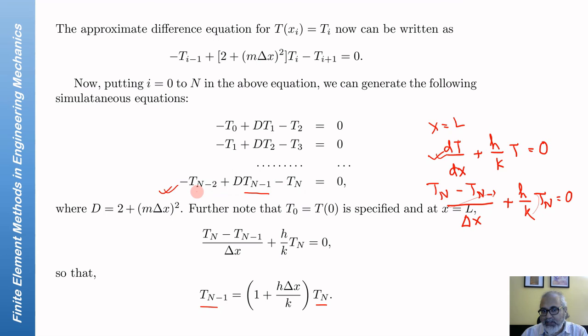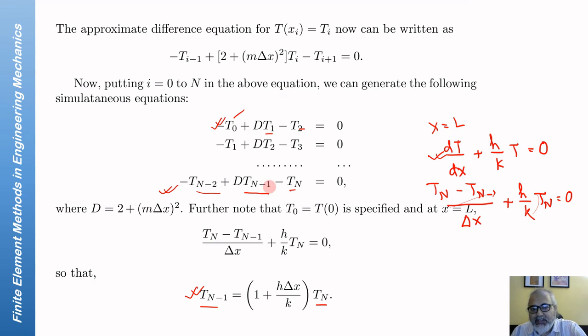So the last equation will have tn minus 2 and tn only. Thanks to this equation, the first equation will have t1 and t2 only, thanks to the fact that t0 is known for this problem from the boundary conditions.